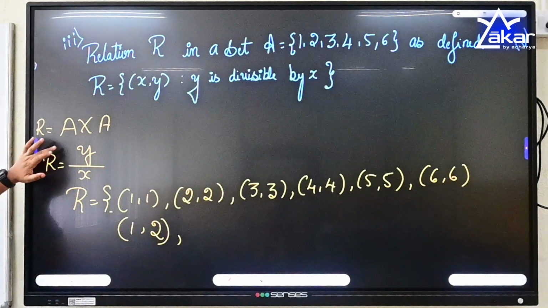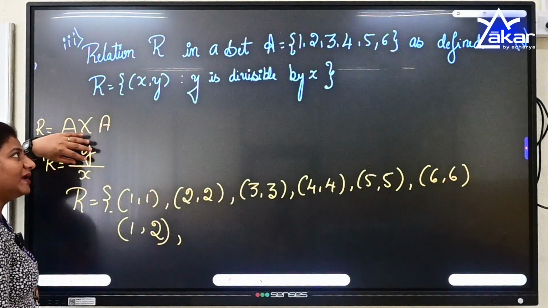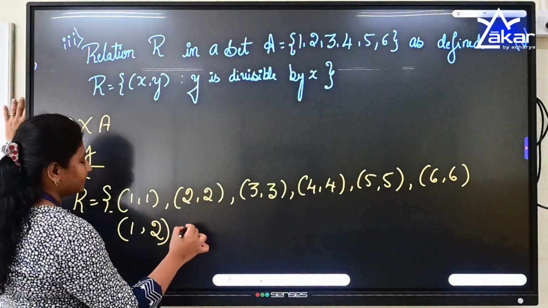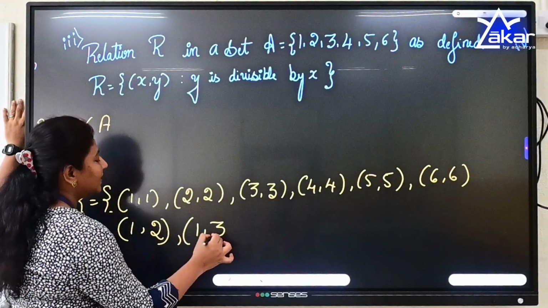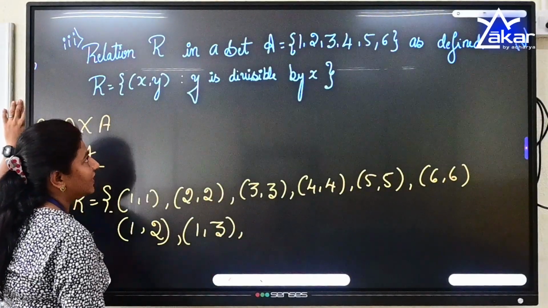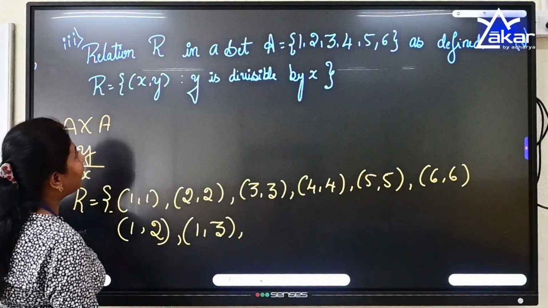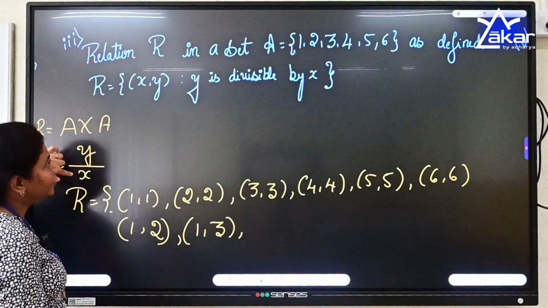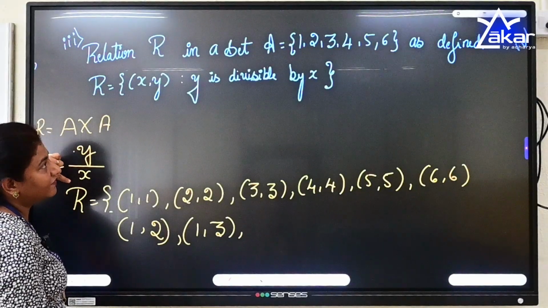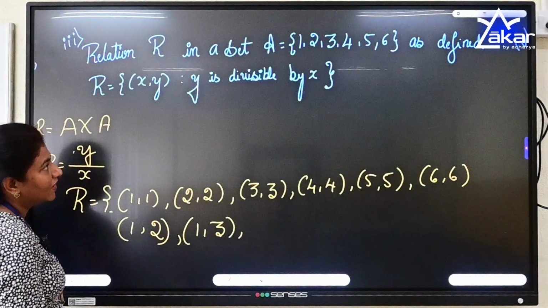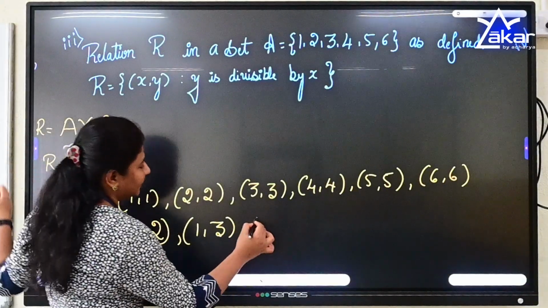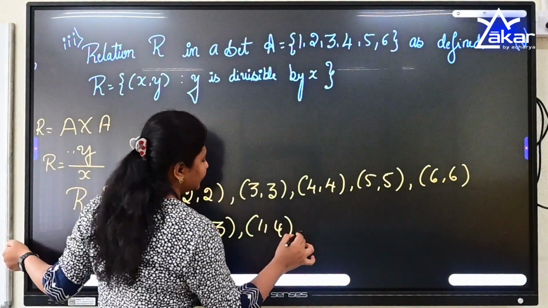Again, check it for 3. Retain one element as constant and vary the other element. So (1, 3) is possible. Again, 3 by 2? No. 3 by 4? No. 3 by 5? No. 3 by 6? No. Again, (1, 4) is possible.